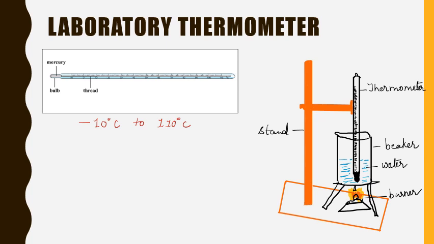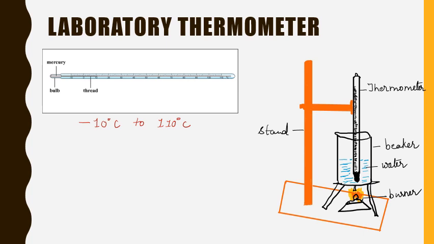So for this reason, laboratory thermometers should be held upright and should be in contact with the material of which we want to take the temperature, because as soon as we take out the thermometer from that particular material, the mercury level will fall.